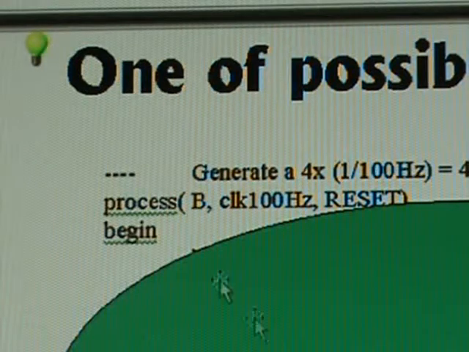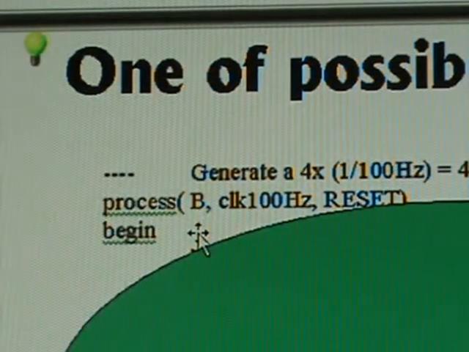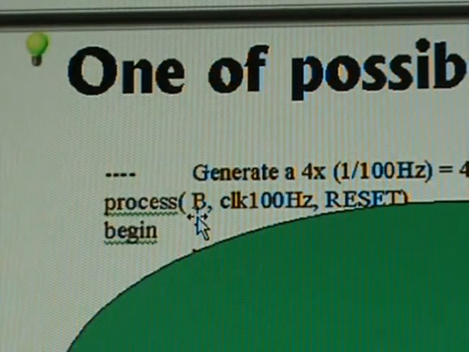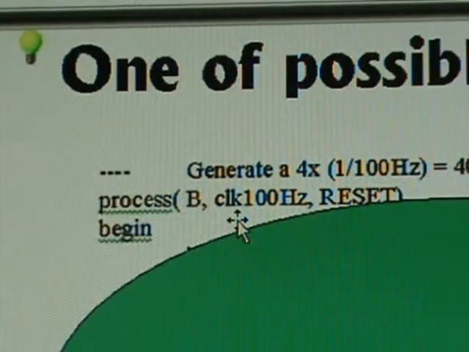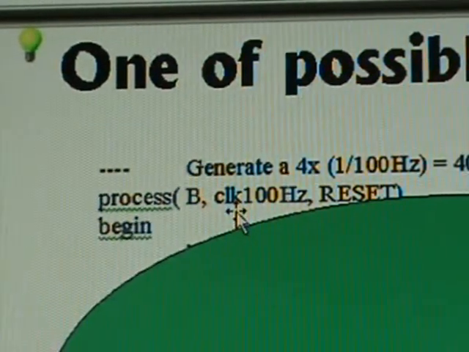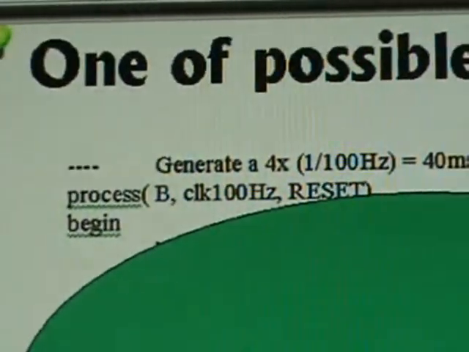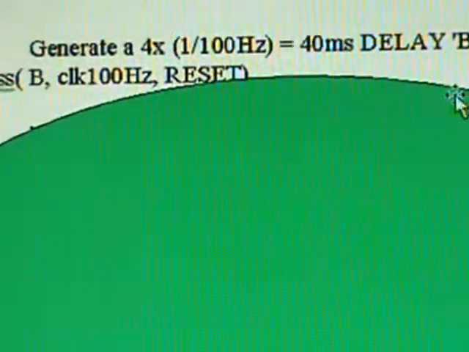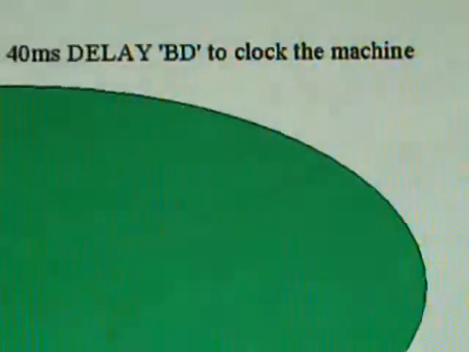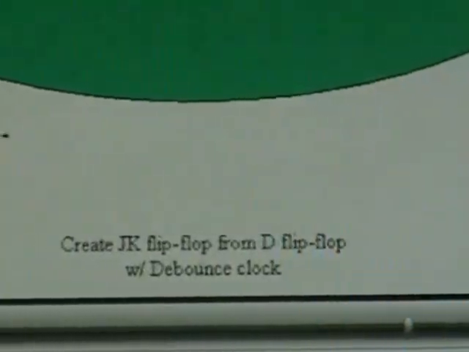So it is created by using a process sensitive to the input bouncy button B and the clean debounce 100 Hertz as well as the reset. So out of this, it will create a BD, debounce button, which is part of this assignment you have here. So basically, that is the end of our VHDL code.